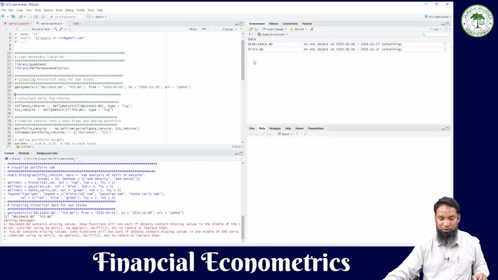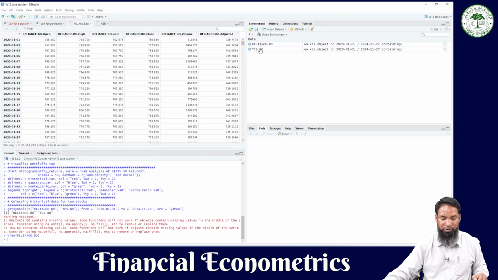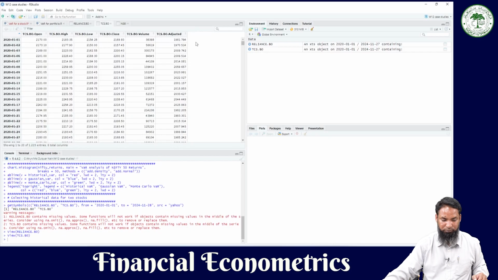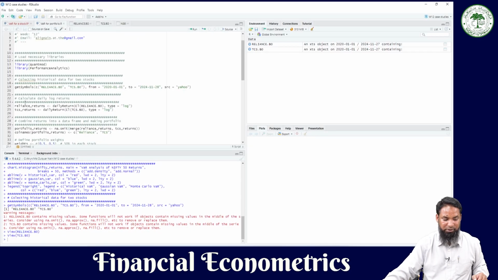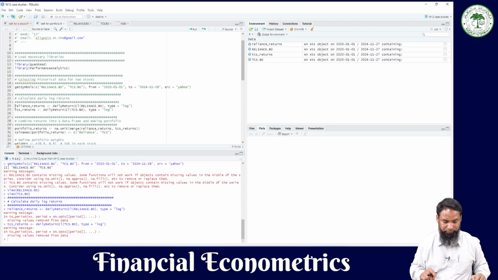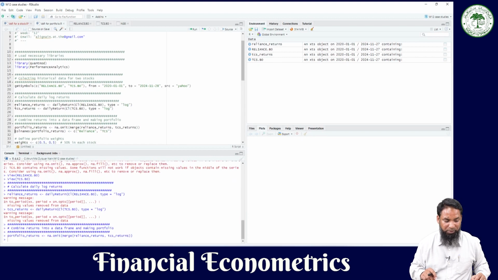So these both stock prices we have downloaded here. Now let us calculate the daily returns. Now we are combining the returns to make the portfolio here.